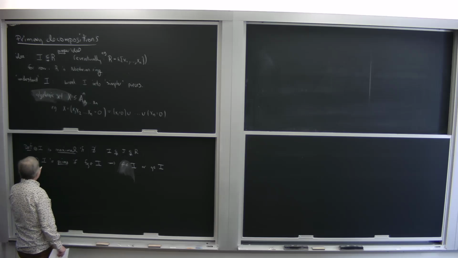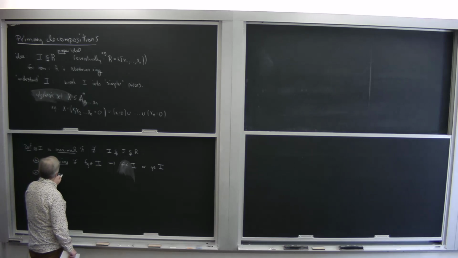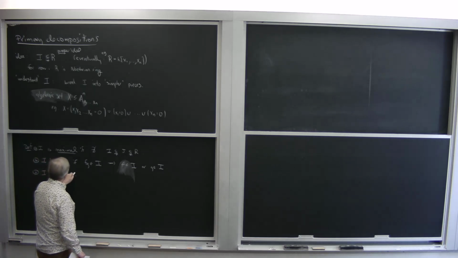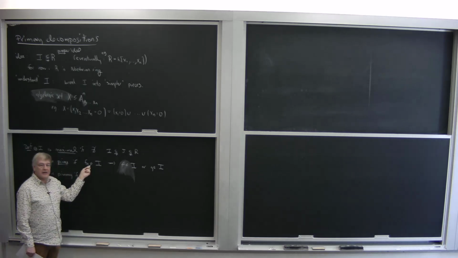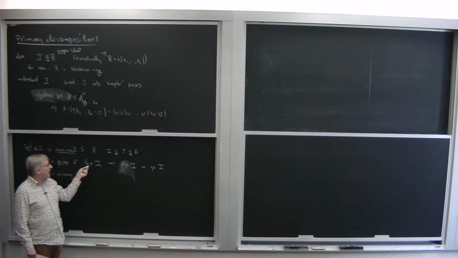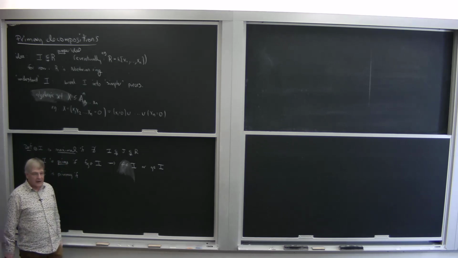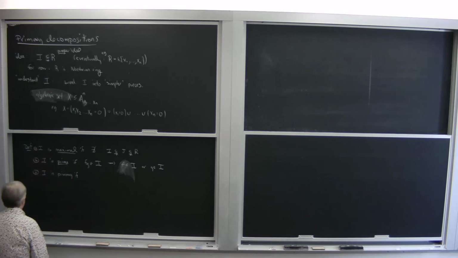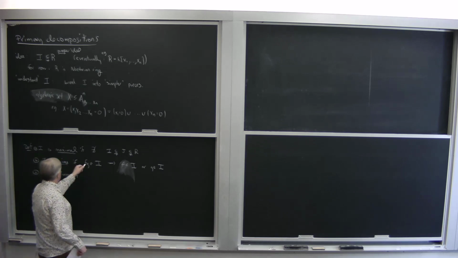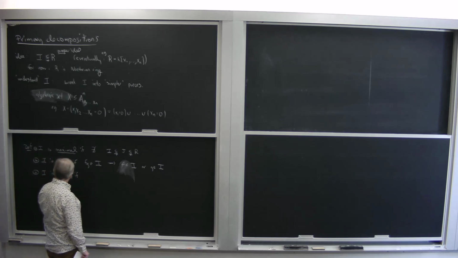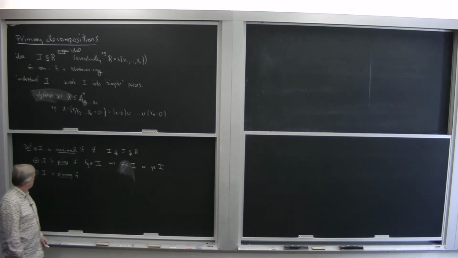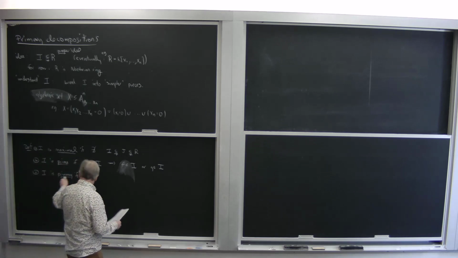Here's another thing in the whole game of primary decomposition: I is primary. This is pretty good though, that if you could actually scan through all the elements of I and you see any that factor, you know that one or the other has to be in a prime ideal. These are really good, but not all ideals are like that. So here's a type of ideal that is not quite as good as that.